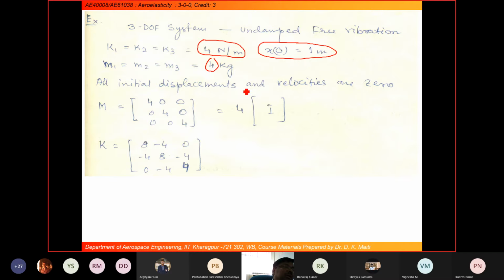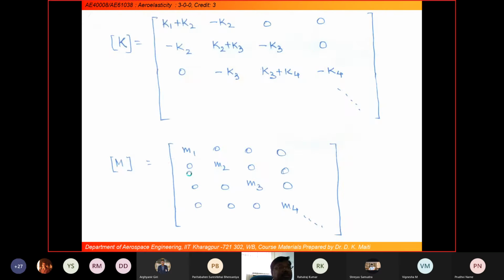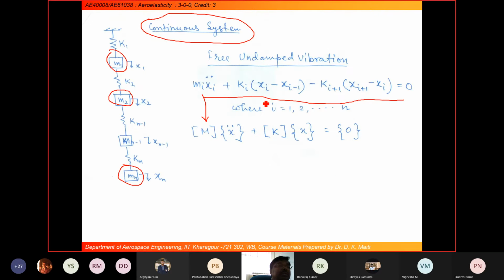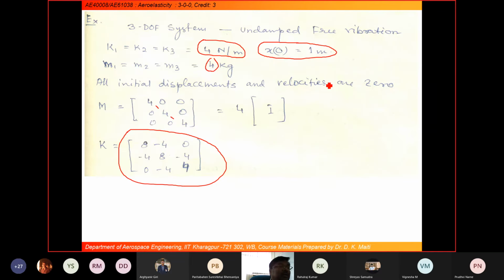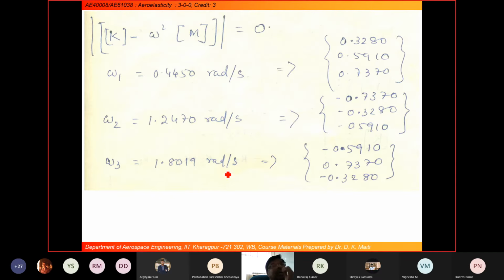Substituting these values, we will get the mass matrix M with all diagonal terms equal to 4, and the stiffness matrix like this: 8, minus 4, 0; minus 4, 8, minus 4; 0, minus 4, 4. With respect to the general expression I have given here, I get the stiffness matrix, and once I substitute the values here, I get this information.